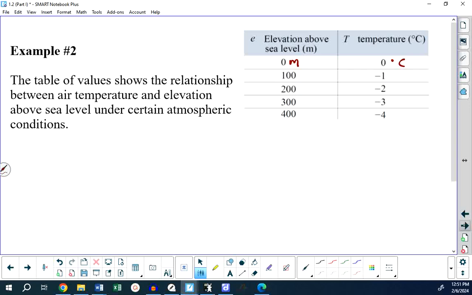I think this kind of makes sense to you. I don't want to turn this into a science class, but as you gain in altitude, the temperature drops. If you're on top of a mountain, it's colder than when you're at the base of the mountain. So when you're at 100 meters, the temperature is minus 1 degree Celsius, and when you're at 200, the temperature is minus 2.